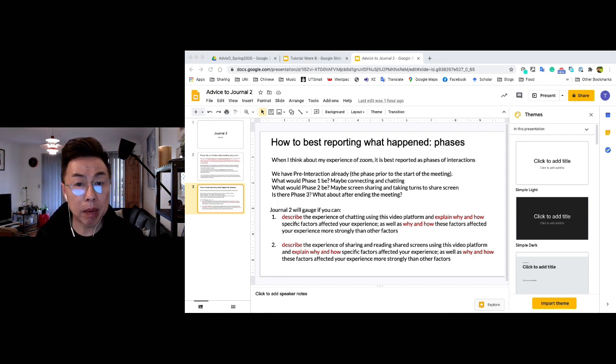Explaining about people and your familiarity with them. It's very important because that affects your user experience. And I'm not going to tell you how and what happened, but telling us who the people are and the relationship they have to you, how well you know them, how many times you've had Zoom meetings with them before, would be very important.